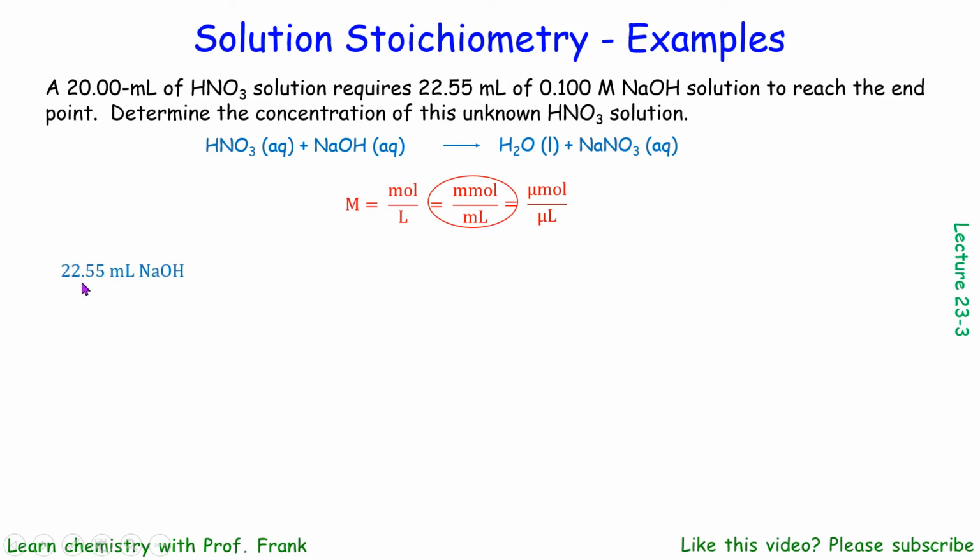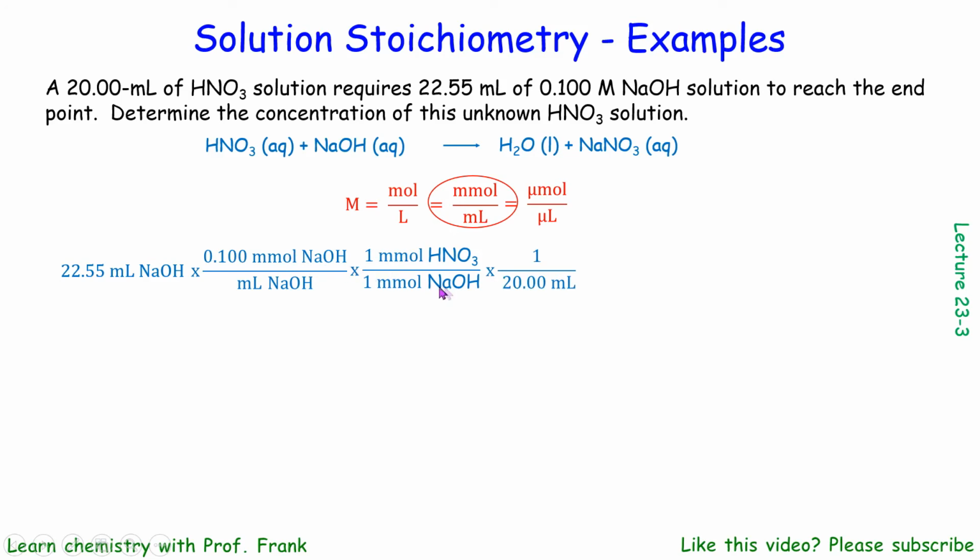Start with what we know, as always. 22.55 milliliter of sodium hydroxide. We are converting from milliliter to millimoles using the molarity, and then convert from the millimoles of sodium hydroxide to the millimoles of nitric acid. And then in the conversion factor, you find out the coefficients in the balanced equation. You see millimoles of sodium hydroxide, they are cancelled.